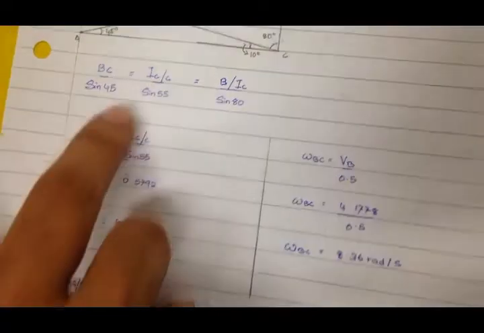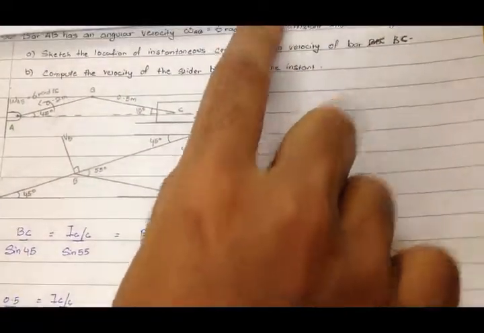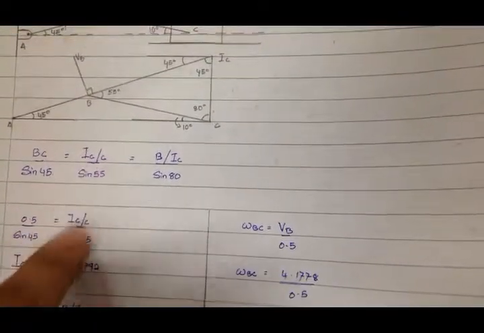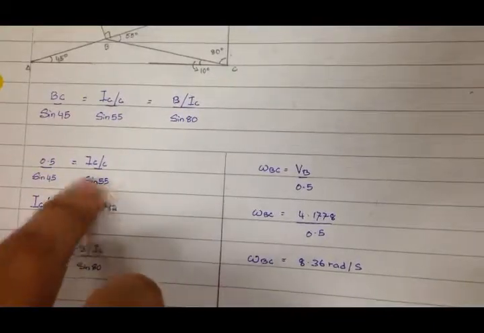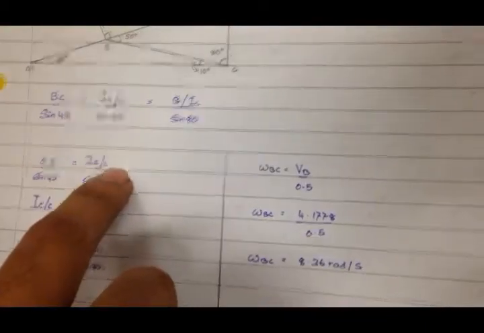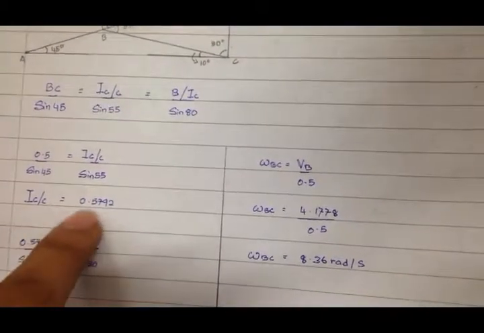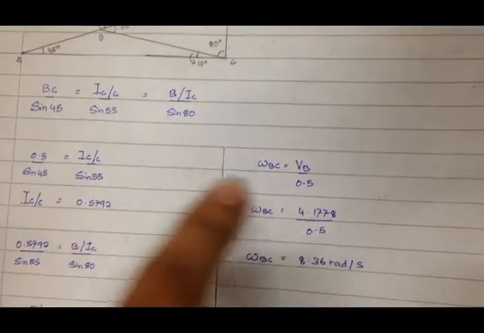We take the length BC, as it is given in the question. BC is 0.5 meter, so we substitute here, 0.5 over sine 45 equals IC to C over sine 55. From this calculation, we do cross multiplication to get IC to C, which is 0.5792.